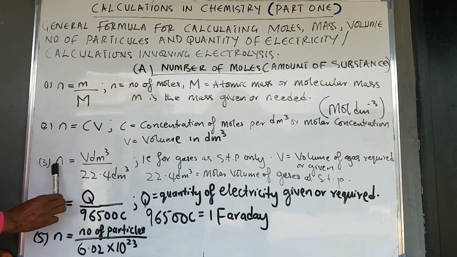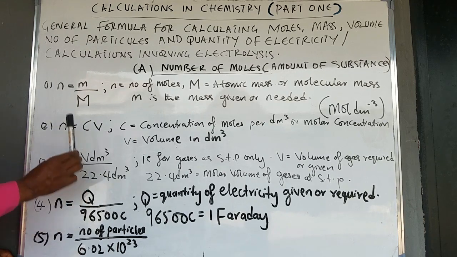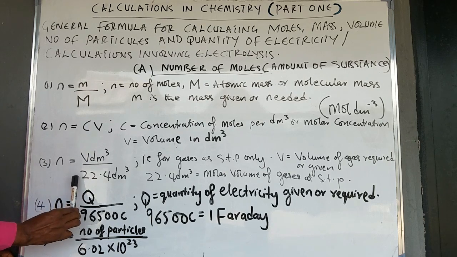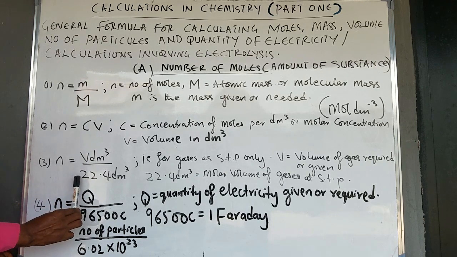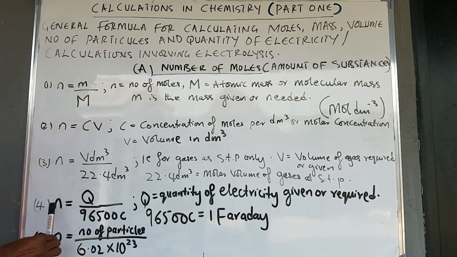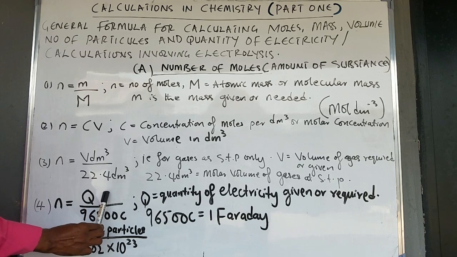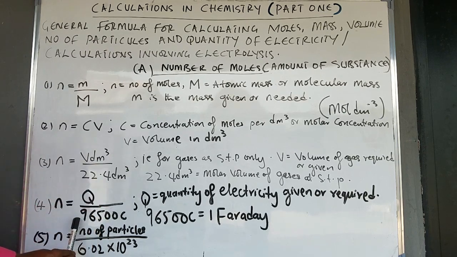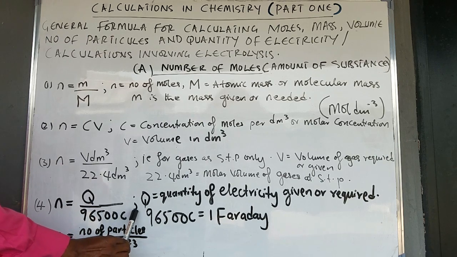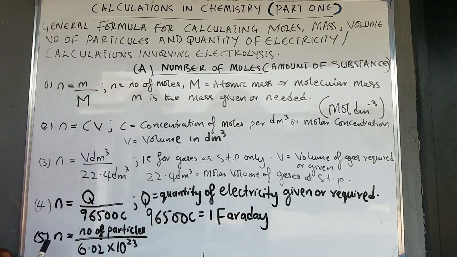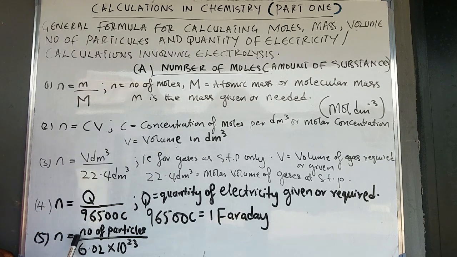Then if you look also at the number of moles with regard to gases, you also observe that the molar volume, which is the standard molar volume for gases, is also a divisor or the denominator. The same thing with number of moles with regard to electrolysis. Observe also that the Faraday is the divisor, 1 Faraday, depending on the number of ions that are involved. We will still solve that. Then look at also this case, the Avogadro's number is also the divisor, while the number of particles given is the numerator.